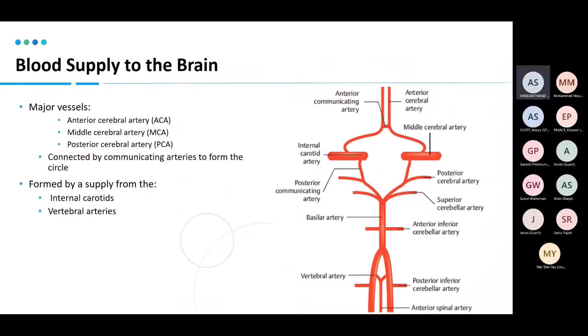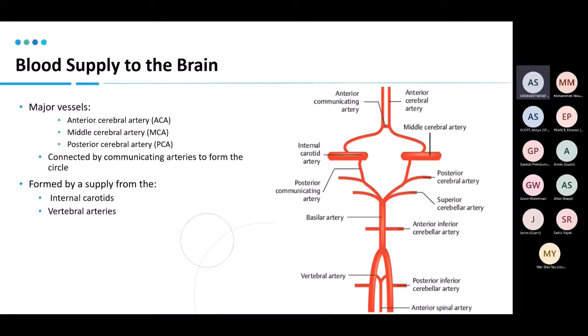Just quickly going through the blood supply to the brain as well. You've got the major vessels, which are your anterior cerebral arteries, then your middle cerebral arteries, which are one of the largest ones, and your posterior cerebral arteries coming off there. They're all connected by the communicating arteries, so you've got your anterior and posterior communicating arteries.